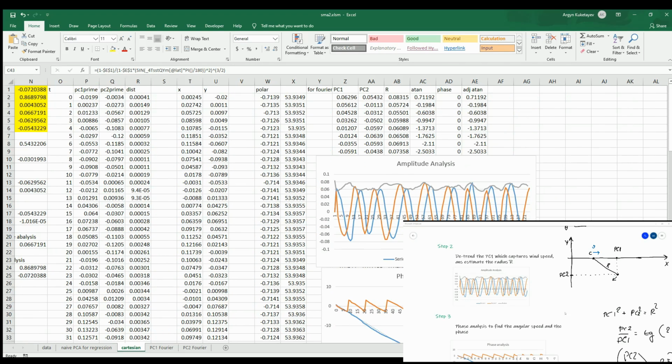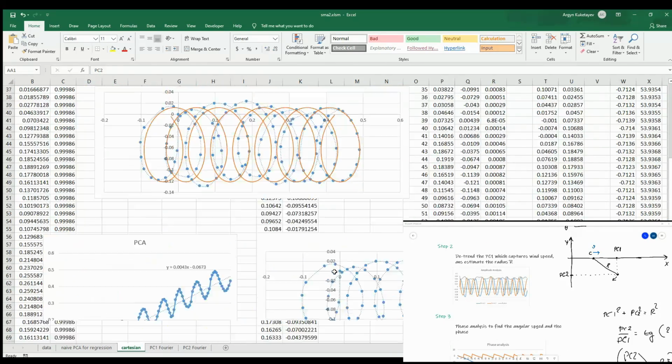How did I do it? Well, I have my principal components, and then I detrended them, like I said in the beginning, right? So I detrended my principal components into PC1 and PC2 by removing what? By removing the slope here, right?